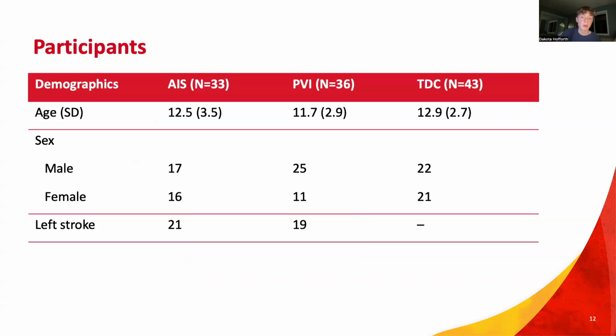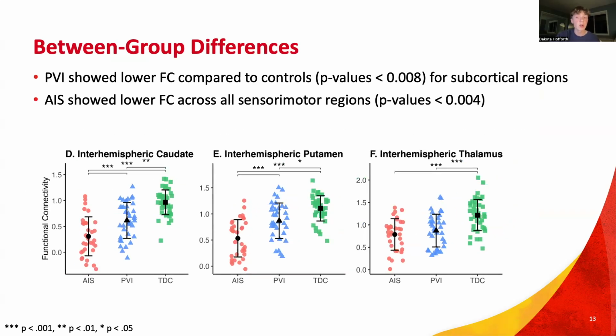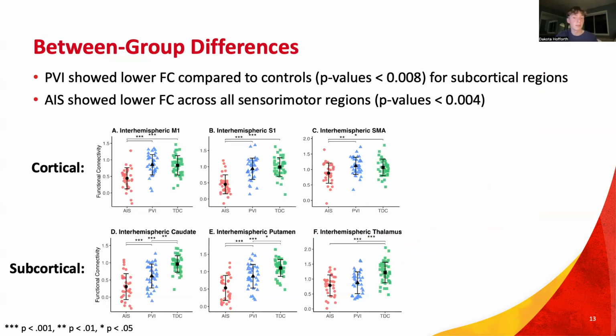The final sample included 112 participants, 33 with arterial stroke, 36 with venous stroke, and 43 controls. What I found was that venous stroke showed lower interhemispheric connectivity compared to controls only in subcortical regions, including the putamen, caudate nucleus, and thalamus. Conversely, arterial stroke saw lower connectivity across all sensorimotor regions we analyzed, both cortical and subcortical, possibly due to the locality of their lesions.